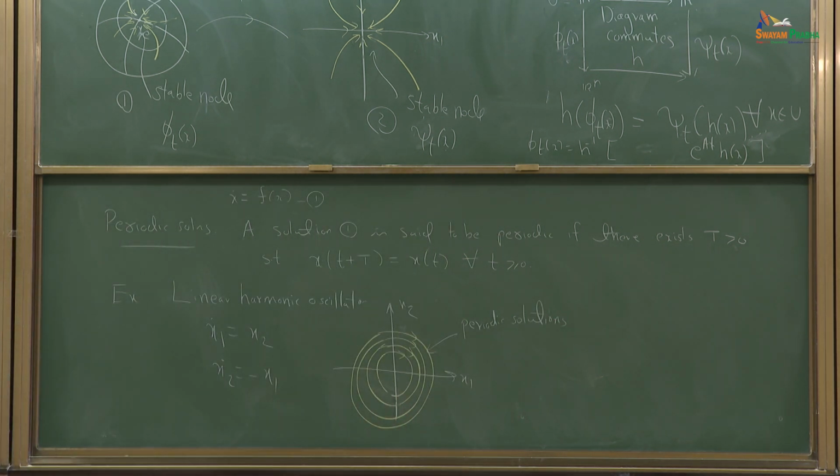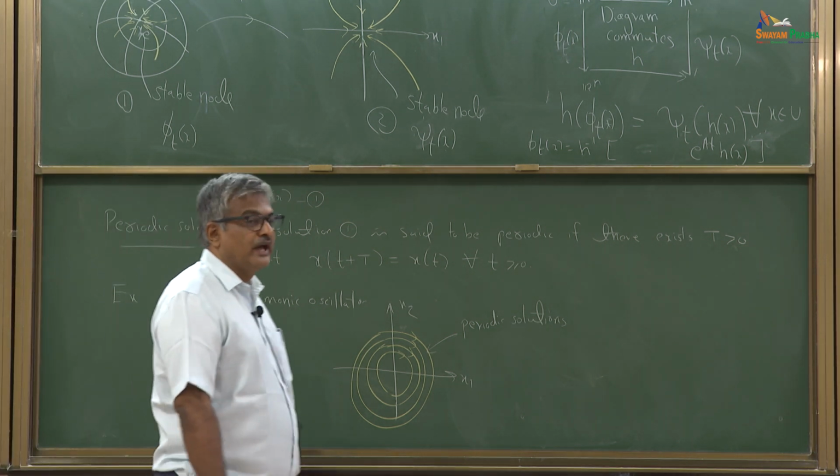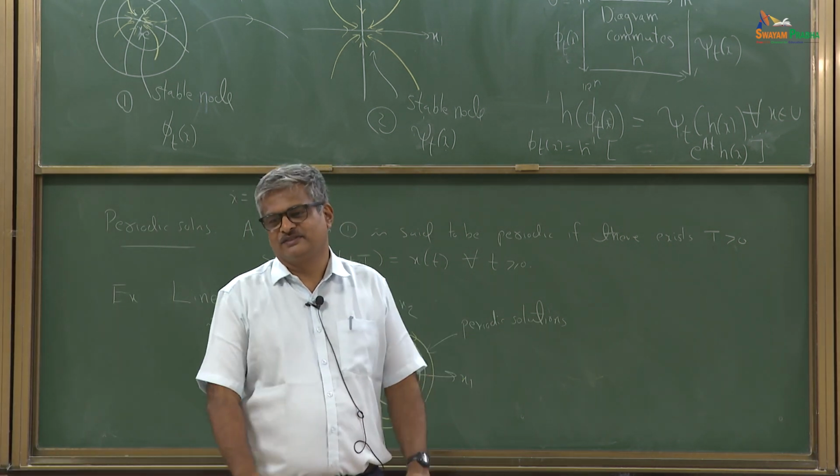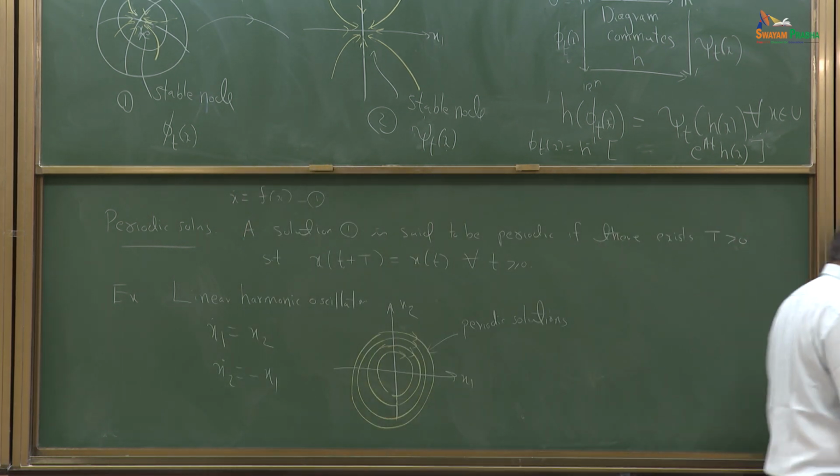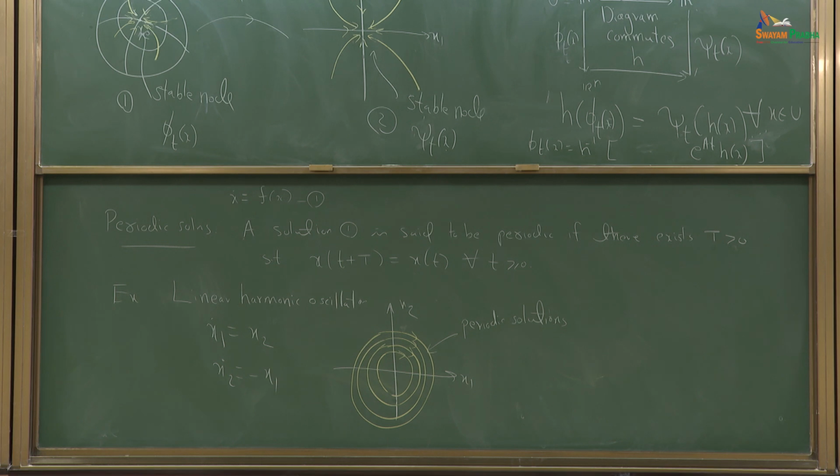What is unique to nonlinear system is, in nonlinear system, you could have isolated periodic solutions, which you will never find in linear system, right? So we have a special name for that. They go by limit cycles.